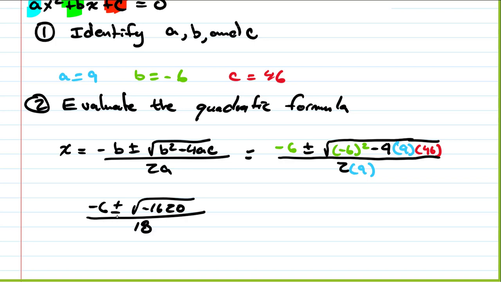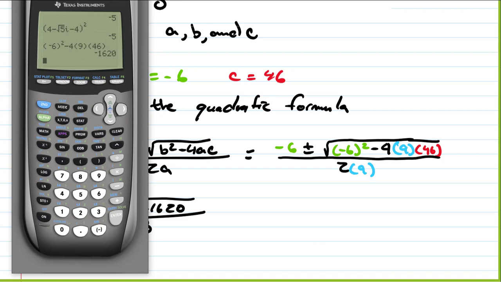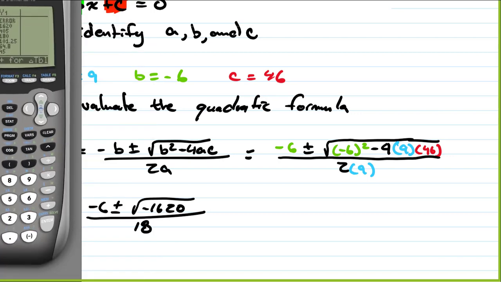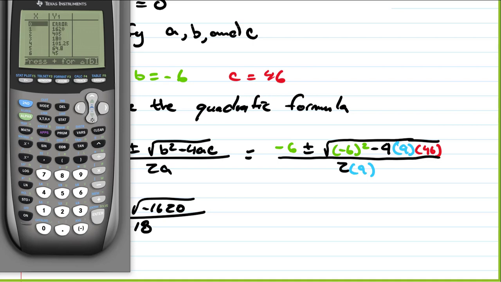And then I need to start simplifying this. So remember, we can use our calculator to help us simplify those large radicals by going 1620, and then we go divided by x squared, and we go second table, and we can scroll down in our table until the y column is less than 2.